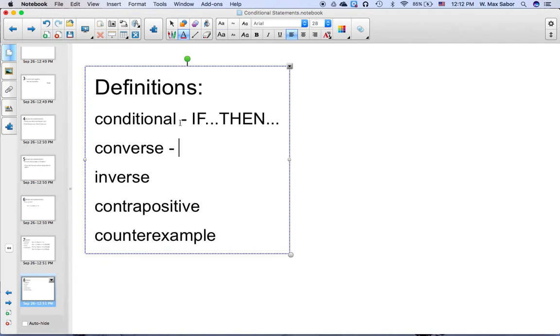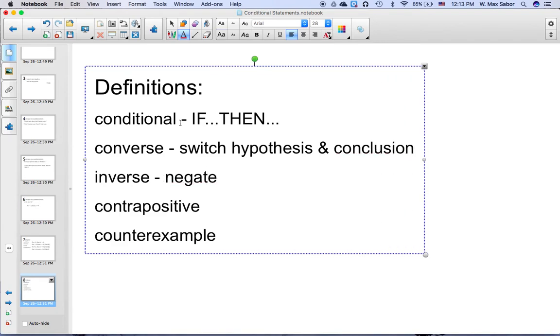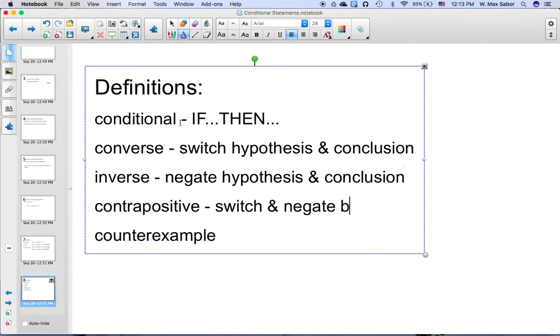Converse: switch hypothesis and conclusion. For the inverse, negate hypothesis and conclusion. And contrapositive: switch and negate.